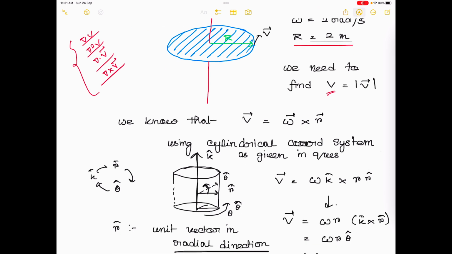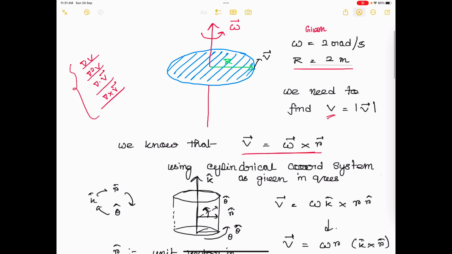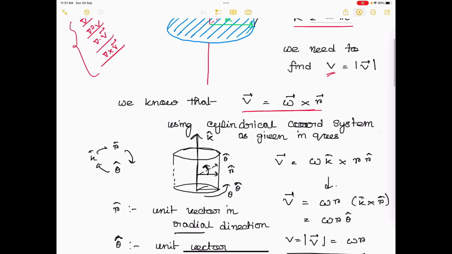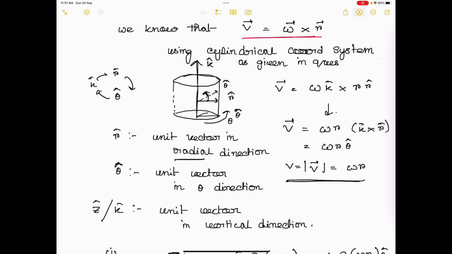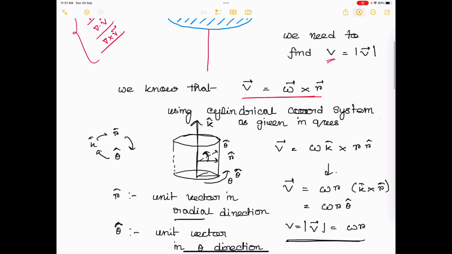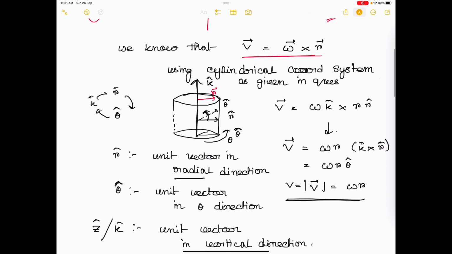Now we know that V is equal to omega cross r, which is known to us. Now r is some radial distance, some position vector. We will use the cylindrical coordinate system as given in the question, but instead of s, theta, phi and z, we will use r, theta and z, or k, where r is this radial direction. r cap is the unit vector in the radial direction.